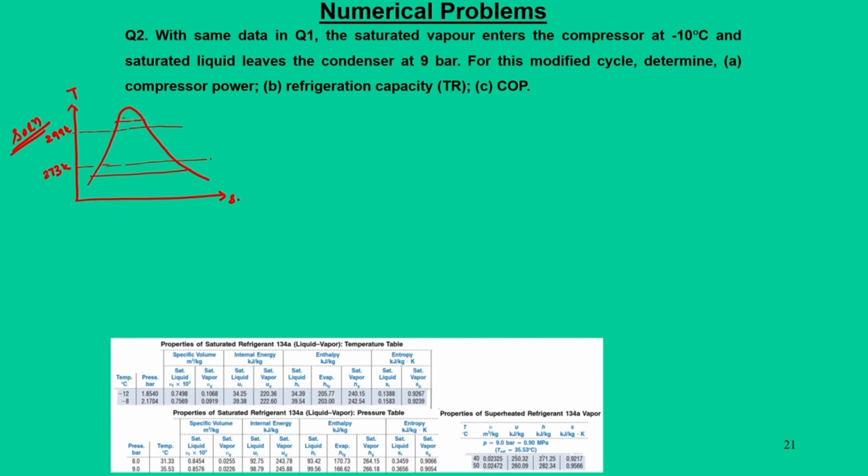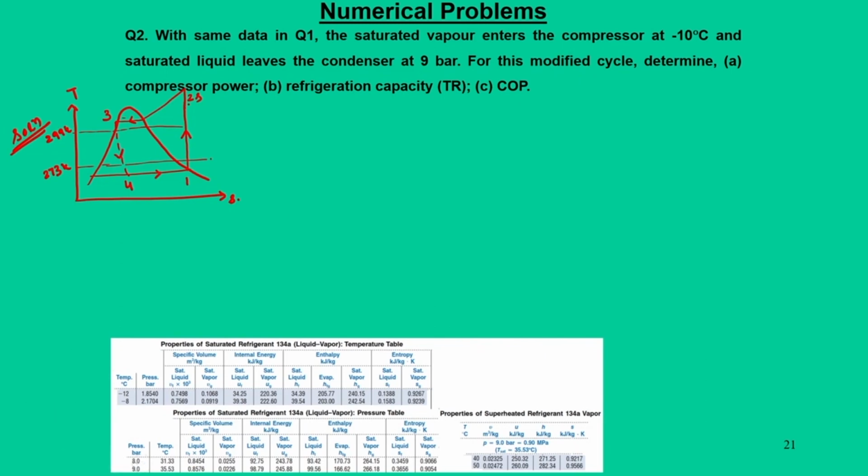The condenser temperature is higher than the hot region temperature, and the evaporator temperature is lower than the cold region temperature. So, that way we can draw this cycle: it is now 1, 2s, 3, 4.